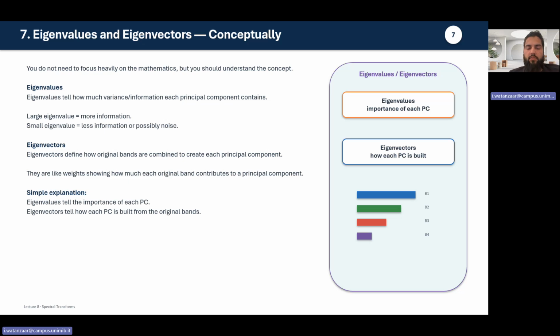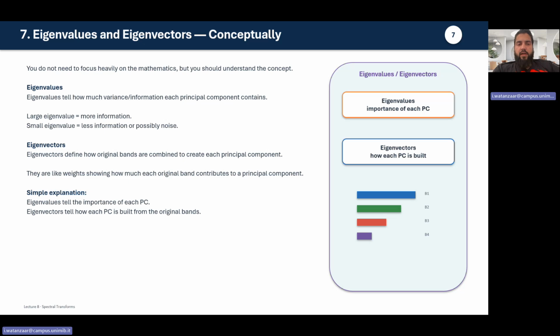Eigenvalues tell how much variance or information each principal component contains. This is the main thing we are looking into: each component's variance in our data. A large eigenvalue means more information, a small one means less.